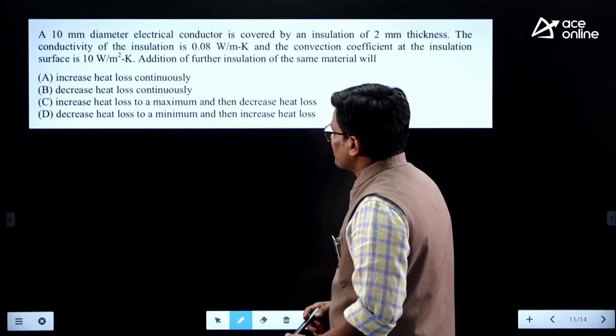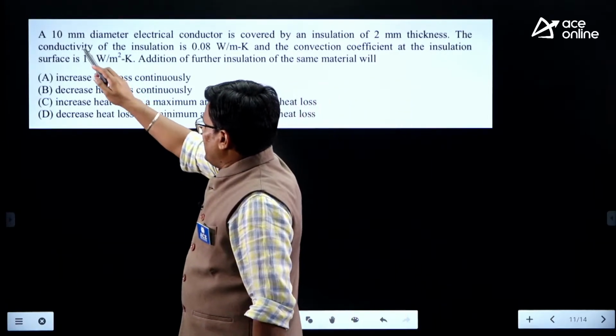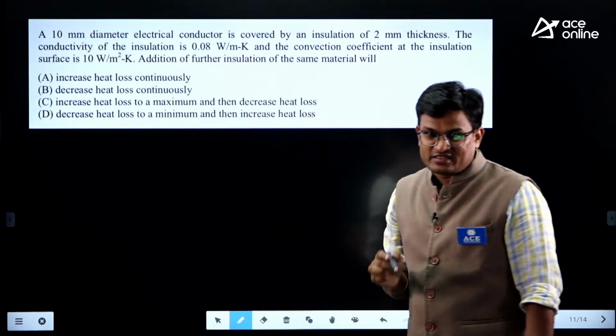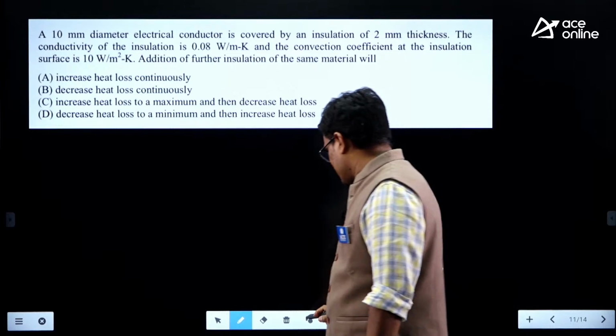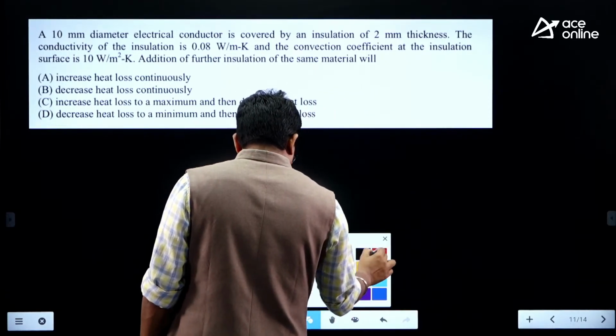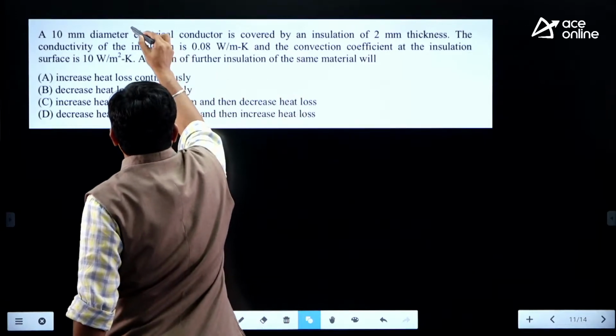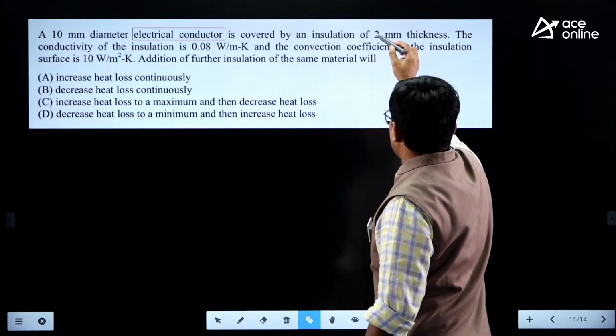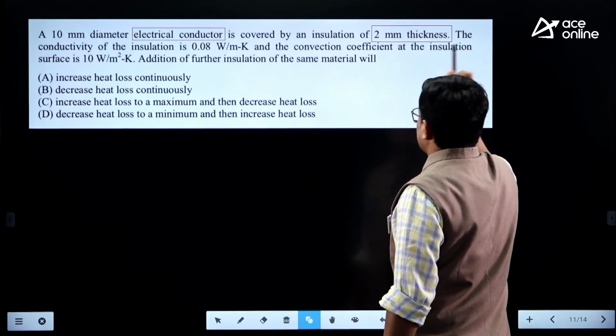What is this question? A 10 mm diameter electric conductor. Once again, it's an electric conductor, everyone please remember. It is covered by insulation of 2 mm thickness, very important.